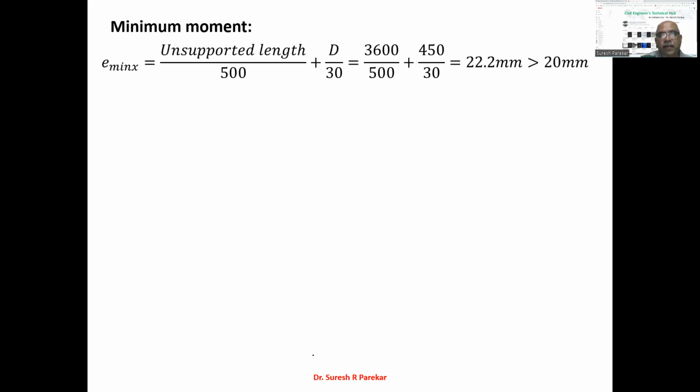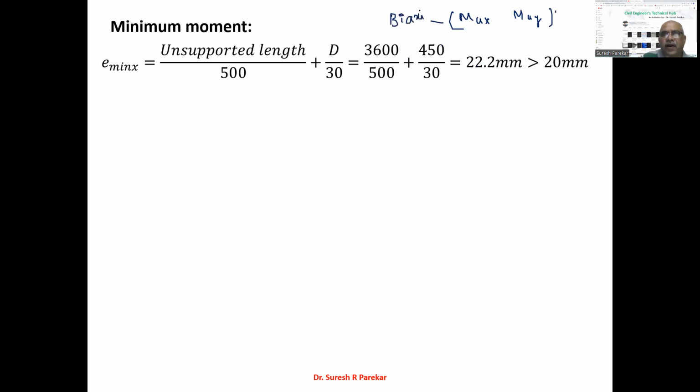So now minimum moment, this criteria we have to check it so that we have to consider value of MUX and MUY. So this actually we are generally using this for biaxial. We need not require to go for uniaxial.